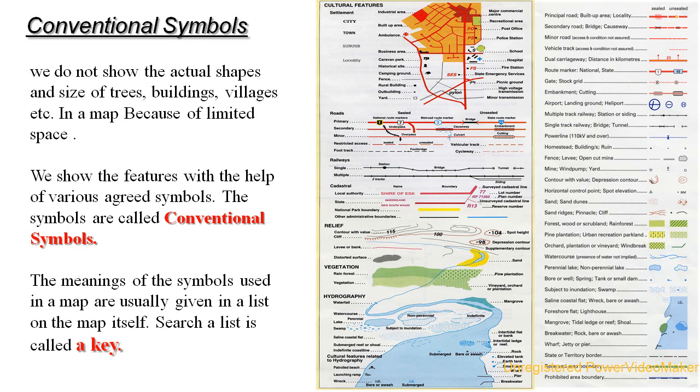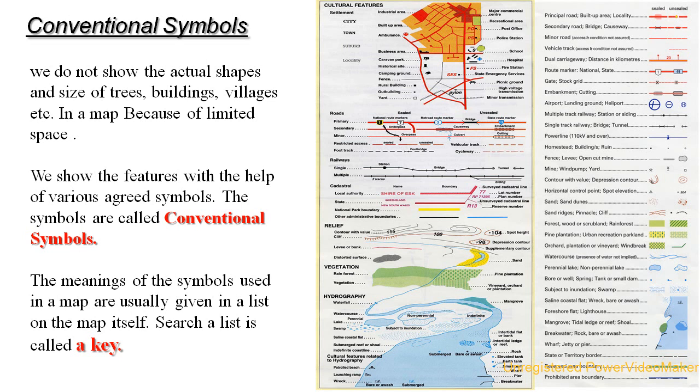That list is called a key of the map. On the right side you might see several symbols, and what each symbol is meant for is also mentioned there. That kind of list is called a key.